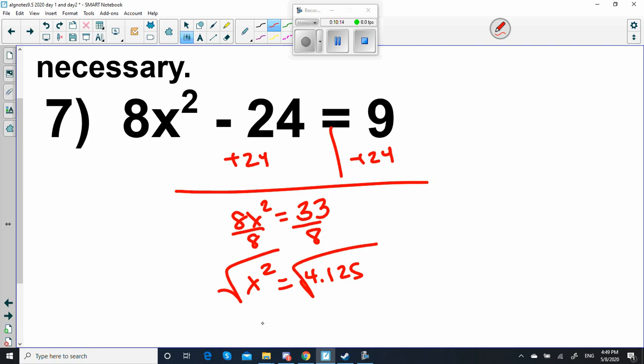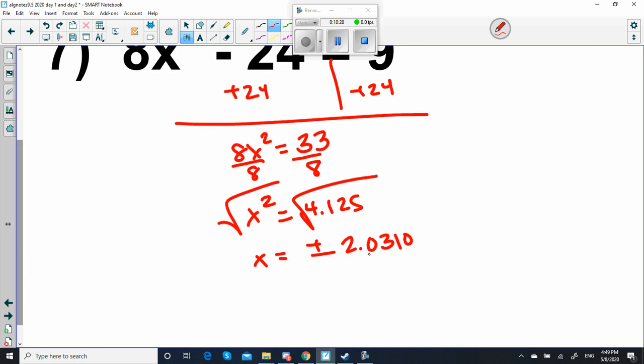Remember, I have to remember both of them, the plus and the minus. So the square root of 4.125 is a very long irrational number, 2.0310. But the directions say nearest hundredth. So that's the 3. So the 1 decides and the 1 says stay. So my roots are plus and minus 2.03.